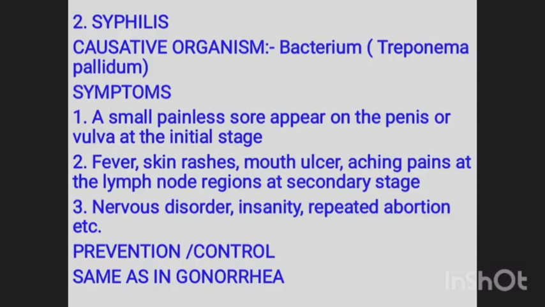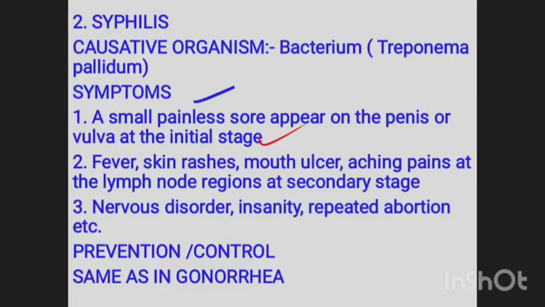And let's look at the symptoms. Now, one of the symptoms here is that a small painless sore appears on the penis for the male, or vulva for the female, as the initial stage.